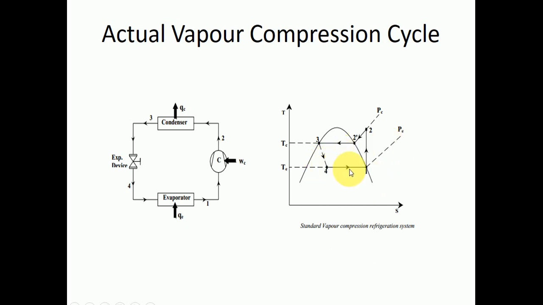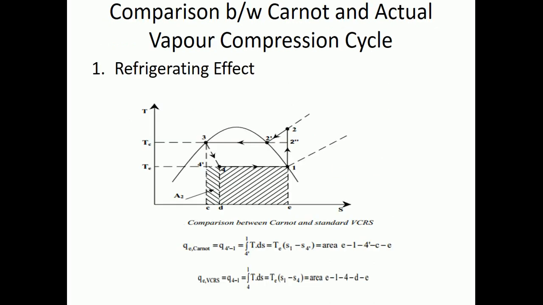This is the same as the evaporator heat taken up. Now the comparison: what would be the effects, losses, advantages or disadvantages? First of all is the refrigerating effect, that is, the coefficient of performance of the actual cycle and the Carnot cycle.